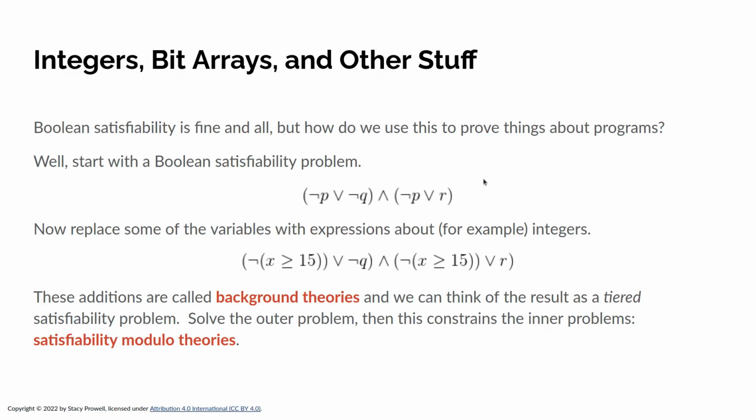So we solve the outer problem, which is the satisfiability one, and that gives us a set of inner problems to be solved inside those theories, right, about numbers or strings or what have you. And it constrains these, so we call this satisfiability modulo theories, or SMT.